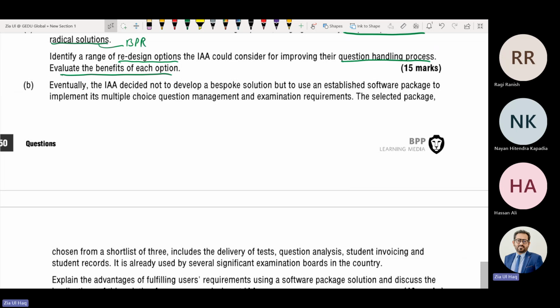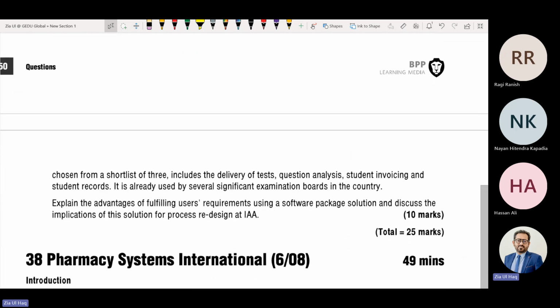The selected package is chosen from a short list of 3, includes the delivery of test, question analysis, student invoicing, and students record. It is already used by several significant examination boards in the country.